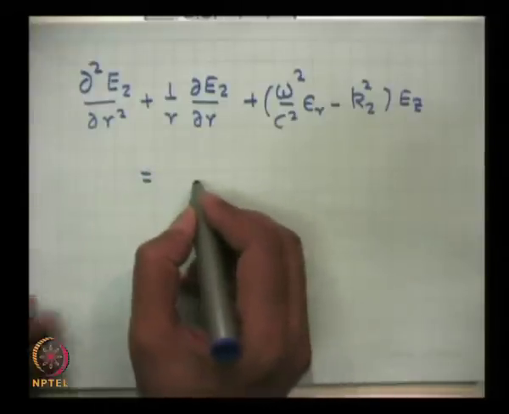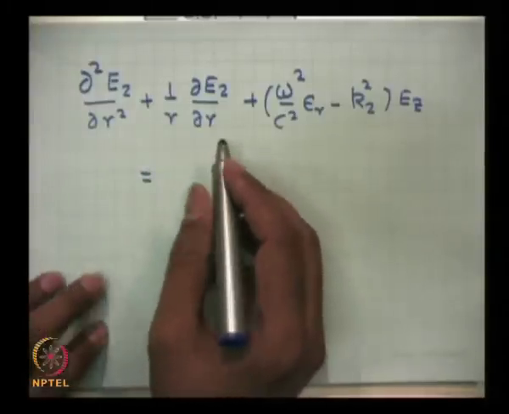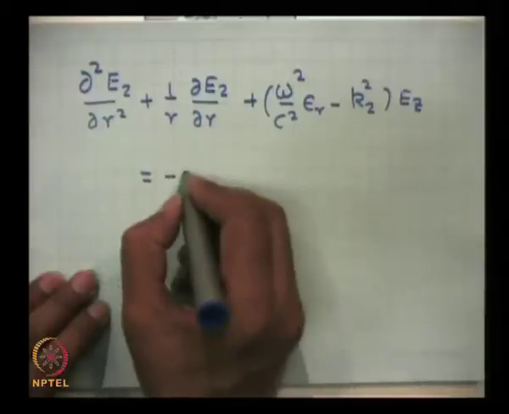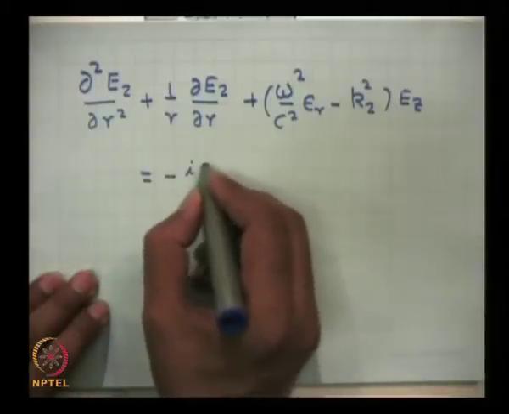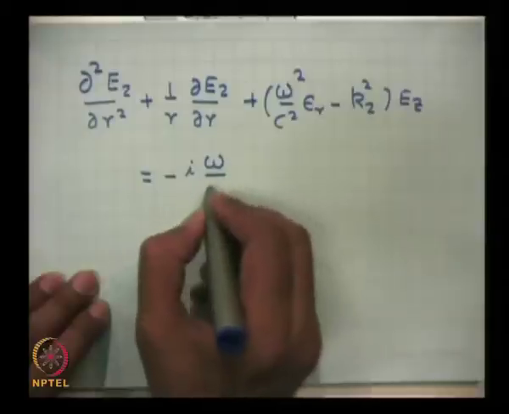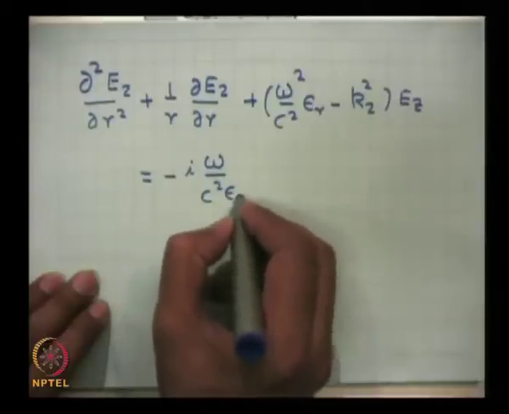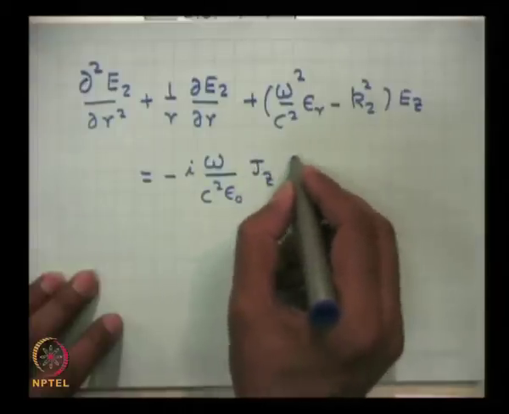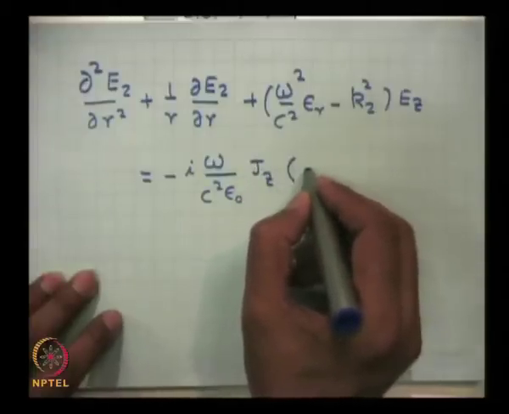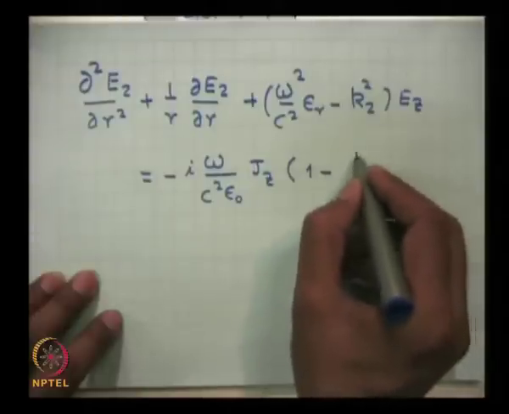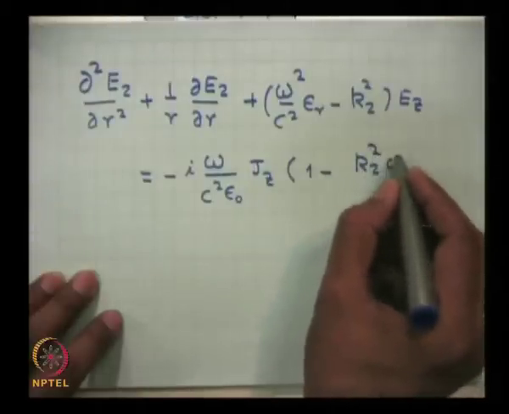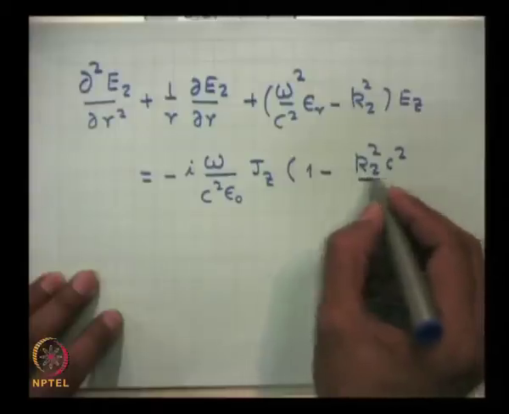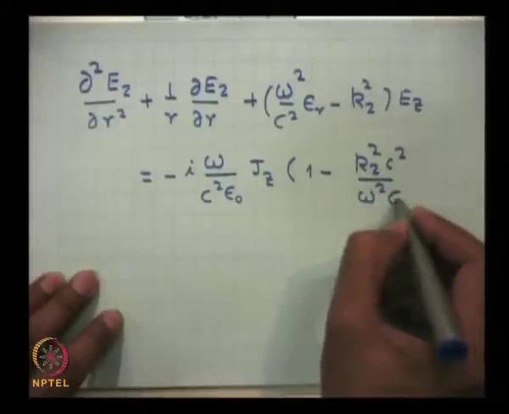This is equal to, if I take minus iω/c² ε0 common and Jz also common, here you will get a term which is 1 minus kz² c²/(ω² εr).